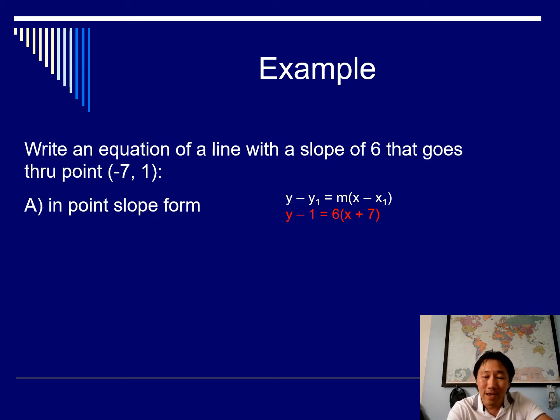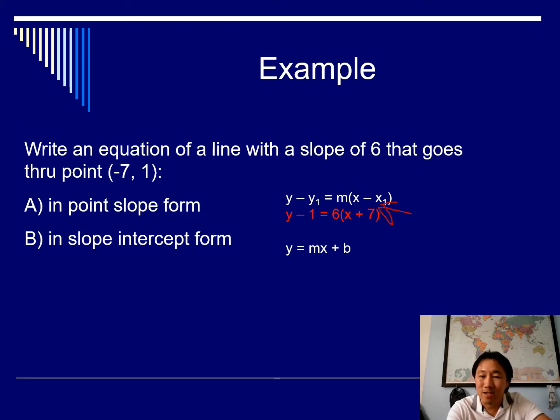But what if I asked you to put it in a different form? What if I said put it in slope-intercept form? There's slope-intercept form. How do I go from this answer to y equals mx plus b? It's actually pretty simple.